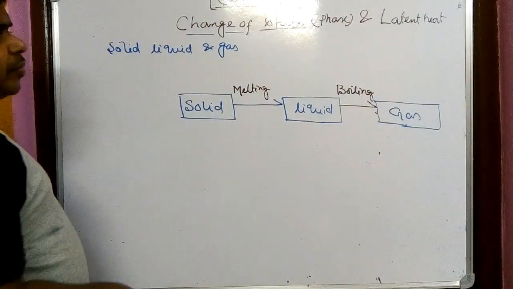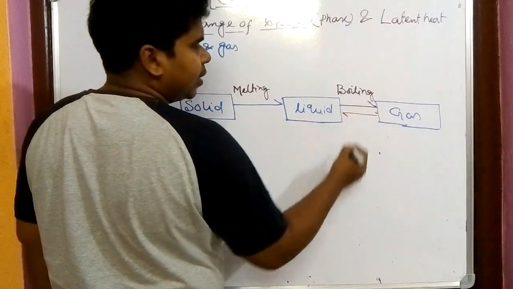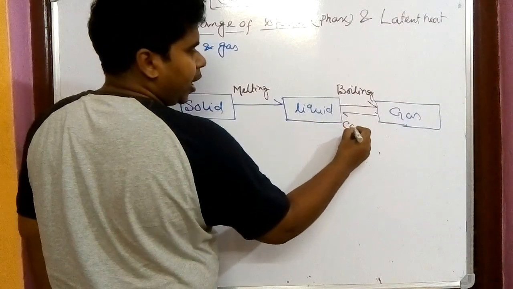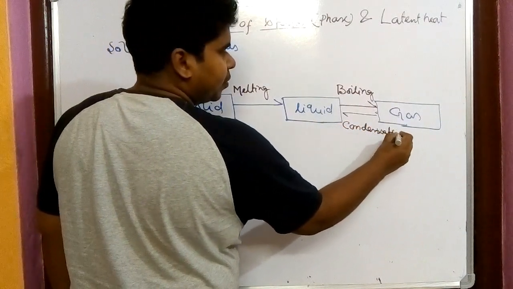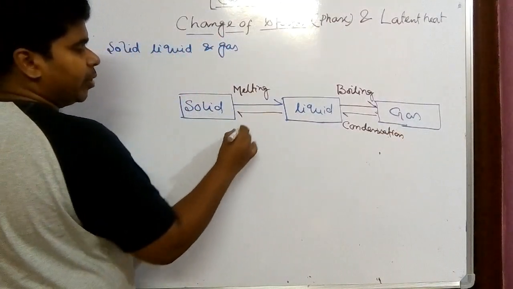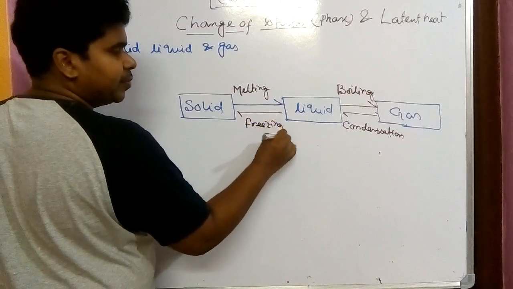Later, if you extract heat from gas, then gas is converted into liquid. That process is known as condensation. And when you again take heat energy from liquid, this process is known as freezing.